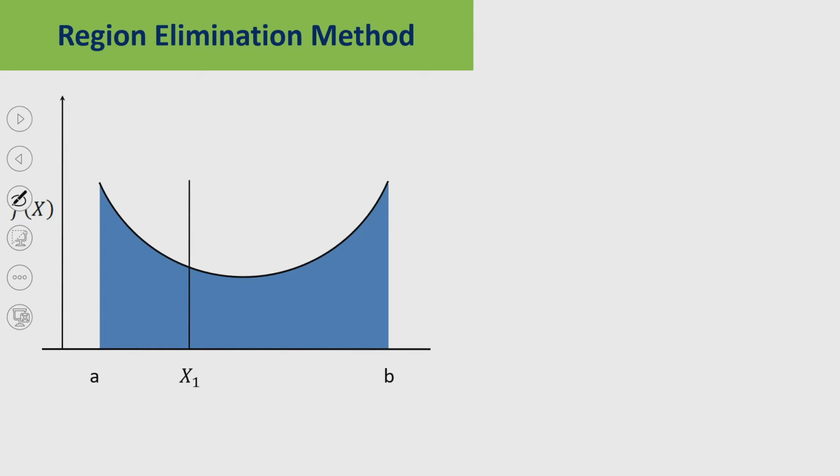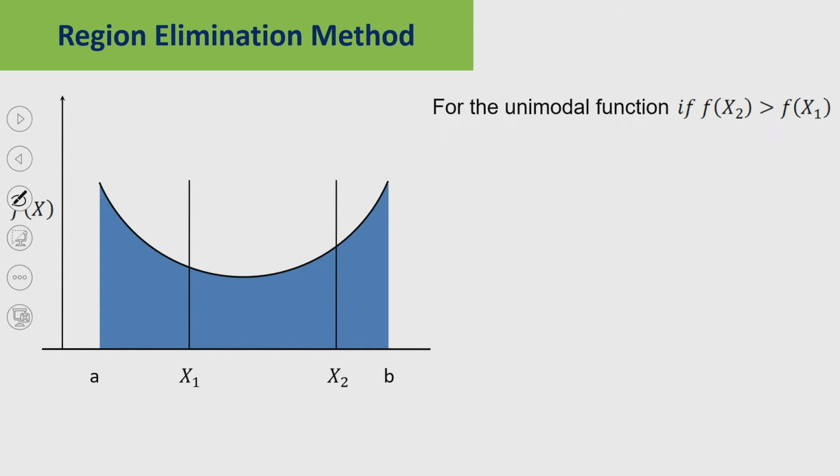Now, the second question. Again for the same unimodal function, now f(x2) is greater than f(x1). This is f(x2) and this is f(x1). In this case optima is on this particular side, not on this side.